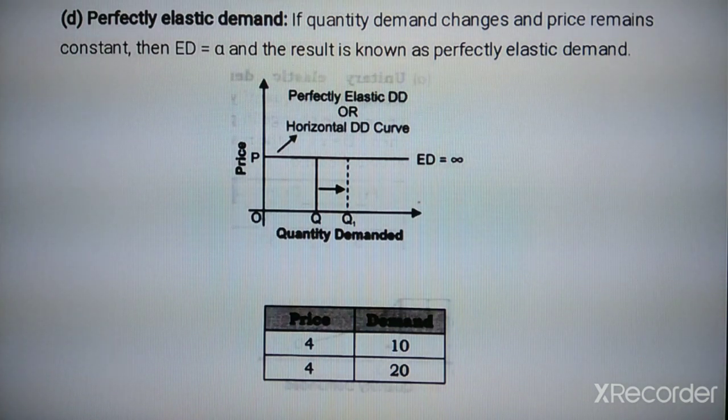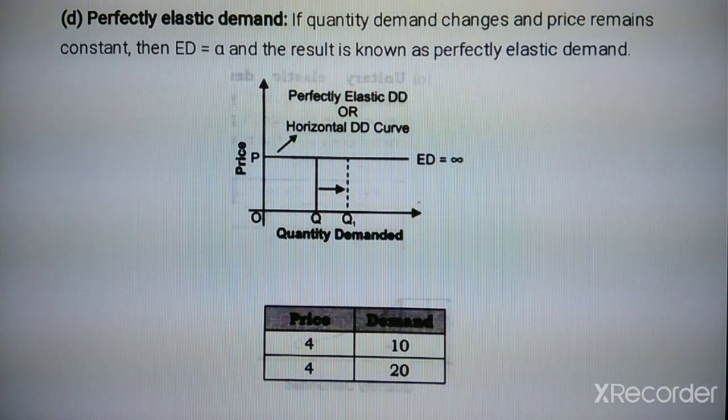So this we call perfectly elastic demand, and the graph you can draw is a line parallel to the x-axis, meaning price remains the same but the quantity demanded changes.